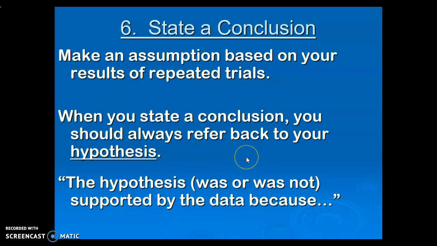So when you state your conclusion, you're going to refer back to your hypothesis, and you're going to say the hypothesis was or was not supported by the data because of this. So if we hypothesized that the rose bush would grow higher with more sunlight, and it did, we would say our hypothesis was supported by the data because our rose bushes grew taller when they were exposed to more sunlight.